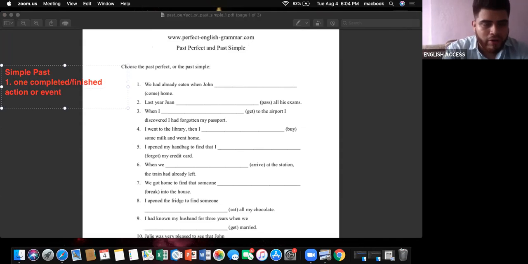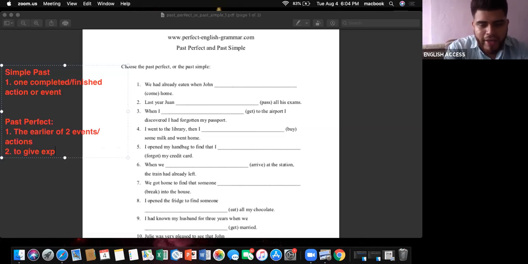Okay, and we use the past perfect for one, the earlier of two events or actions, and two, to give explanations about why something did or didn't happen.